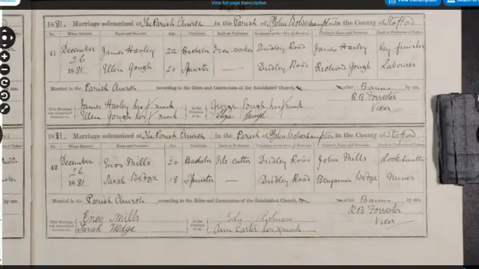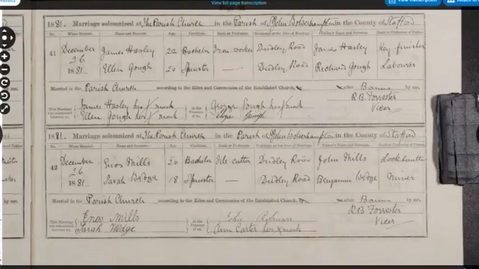Another thing to point out, which I mentioned in episode 1, is that it's always worth looking at the names of the witnesses, because sometimes churches had people who acted as paid officiants, but very often you get other members of the family witnessing the ceremony, and in this case it's a George and Eliza Goff.